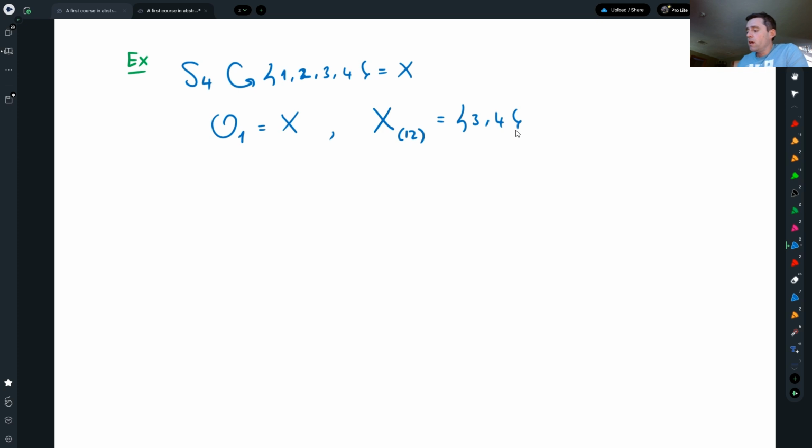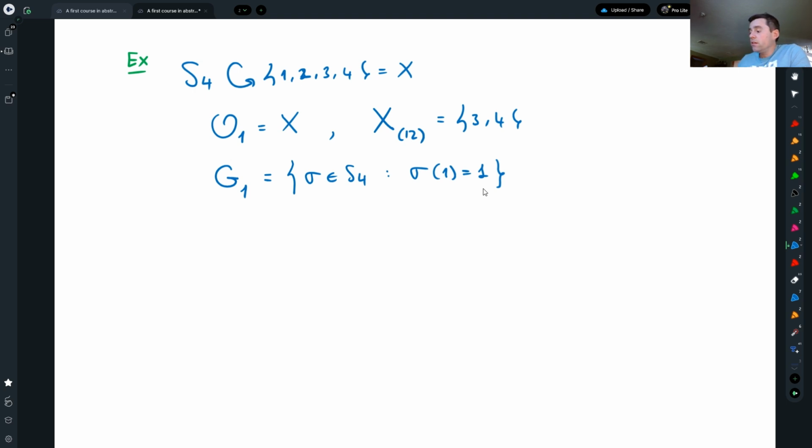And finally, what is the stabilizer of 1? The stabilizer of 1 are going to be those elements in S4 that stabilize 1. So it will be just any permutation sigma in S4 such that sigma of 1 is 1. There are a lot of elements in here.